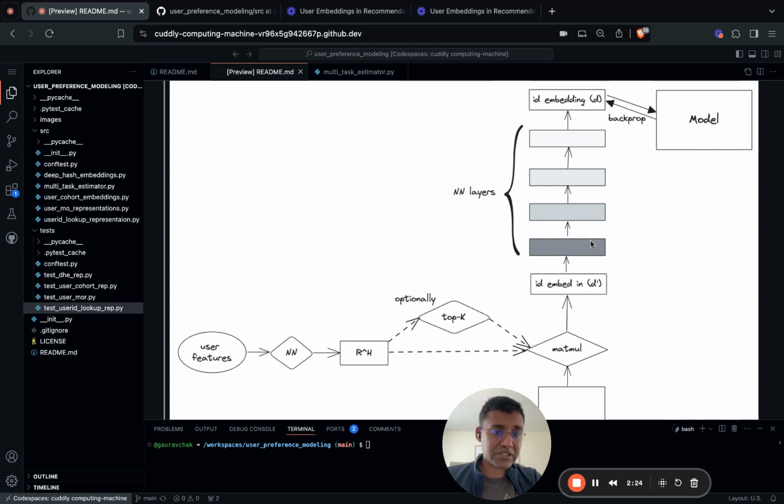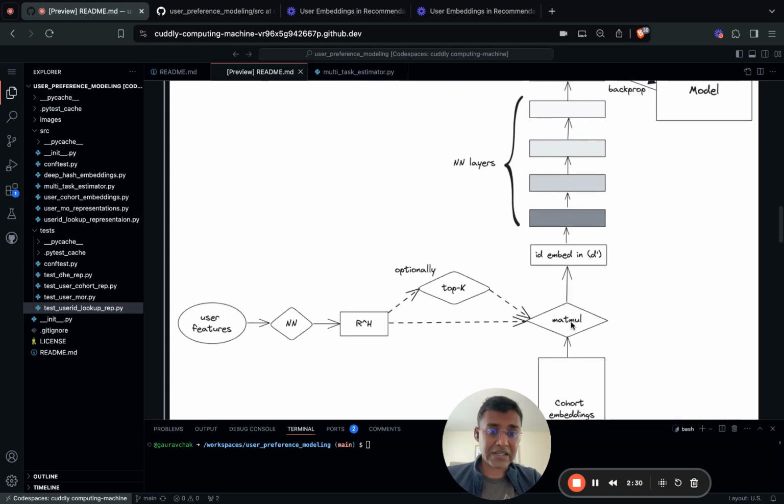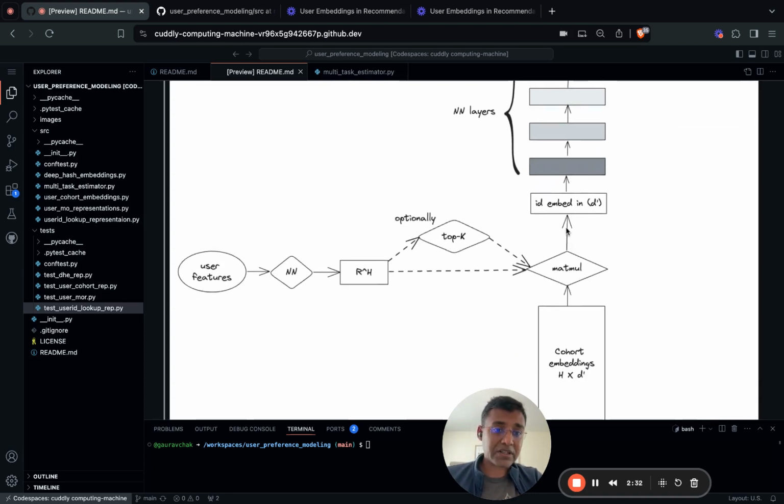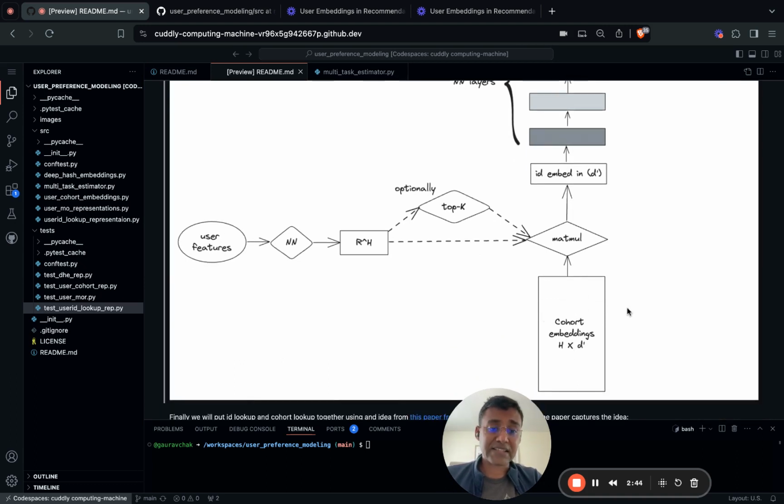Again, we use the DHE layers for modeling that specificity, but the input is constructed in a way that a group of users, sometimes many thousands of users, map to the same index in this cohort embedding table. Okay, so let's look at the implementation.